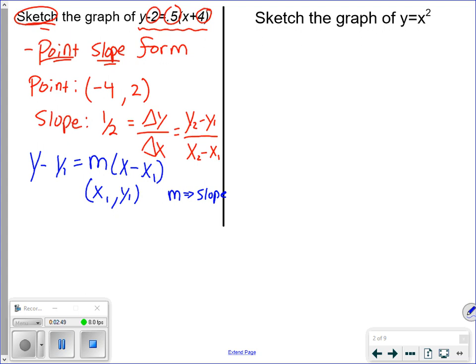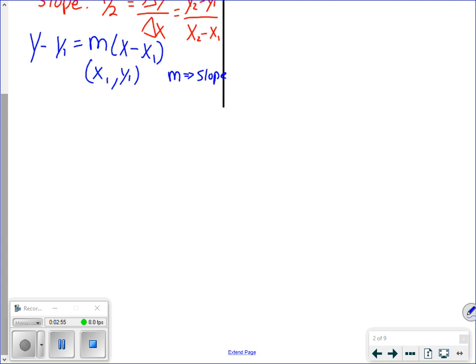So anyway, let's go ahead and sketch that. You've probably done lines a whole bunch of times in your life, but we'll sketch it real fast, make sure we're good. Remember the point that we're starting off at is -4, 2. So 1, 2, 3, 4, 1, 2.